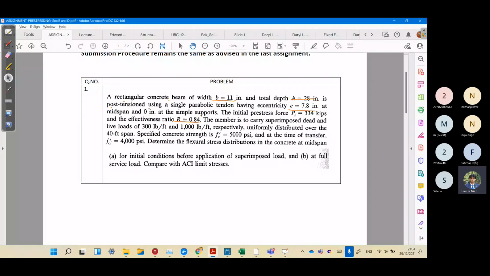There are superimposed dead and live loads of 300 and 1000. So WSD, superimposed dead load, is 300 pounds per foot, and WL is live load of 1000 pounds per foot. So we can combine them as W equal to 1300 pounds per foot.